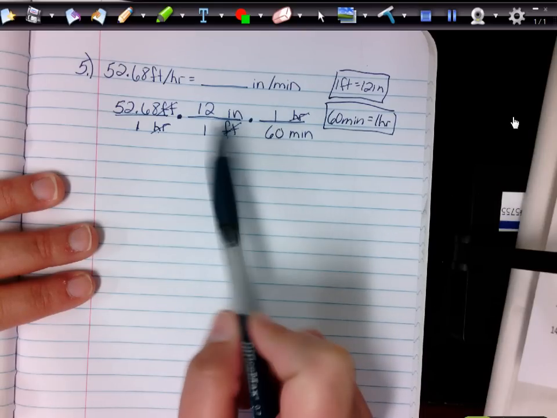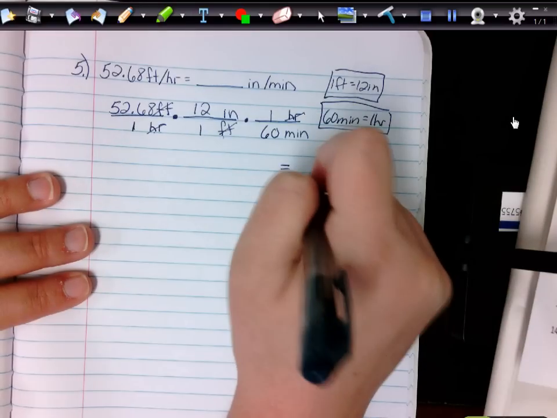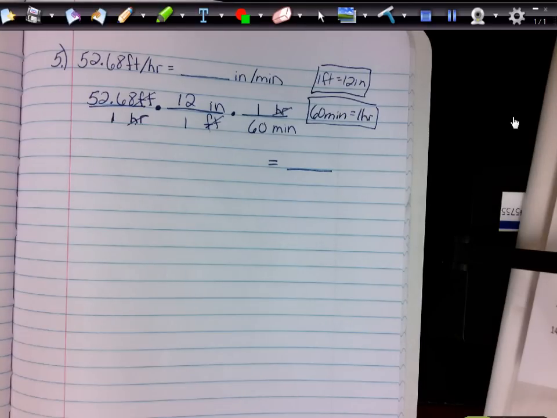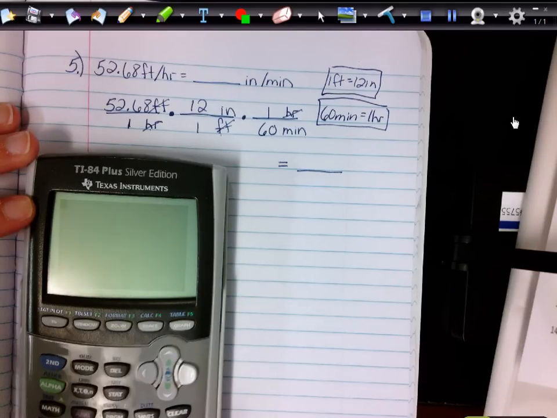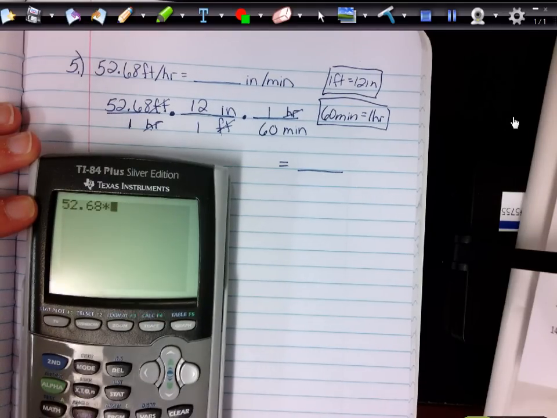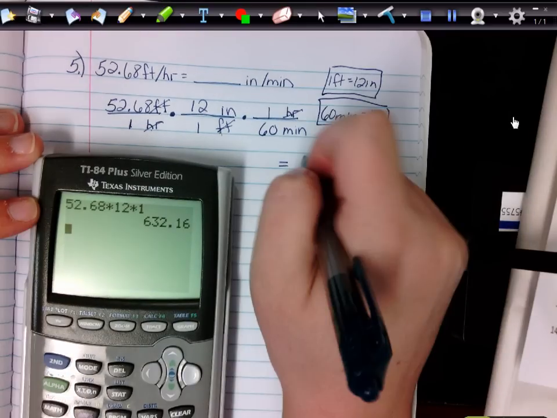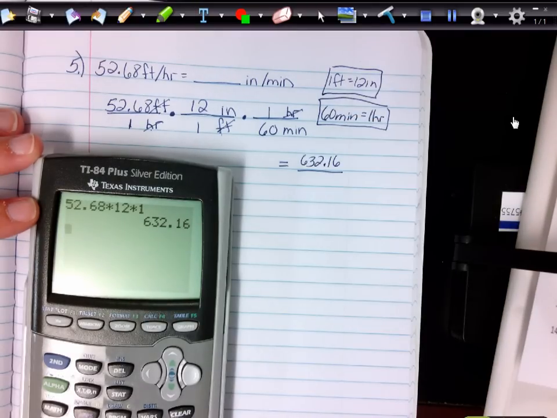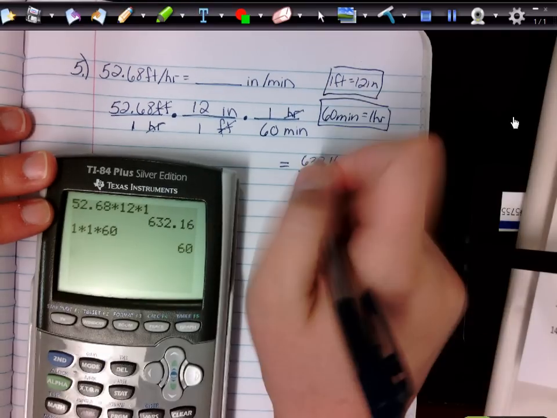So now that I have the units that I want, again, I'm just going to go through and multiply the top and the bottom and then divide. I need my calculator for this one. We have 52.68 times 12 times 1 on the top gives me 632.16. On the bottom I have 1 times 1 times 60, which is just going to give me 60.